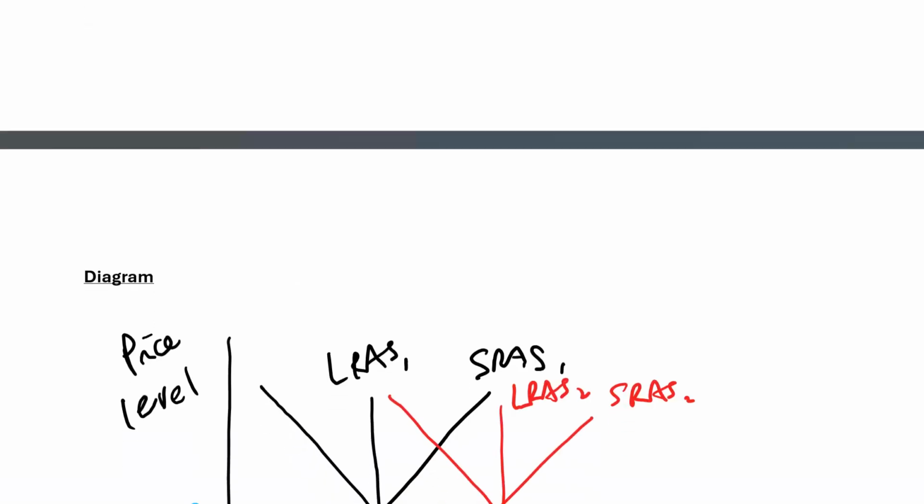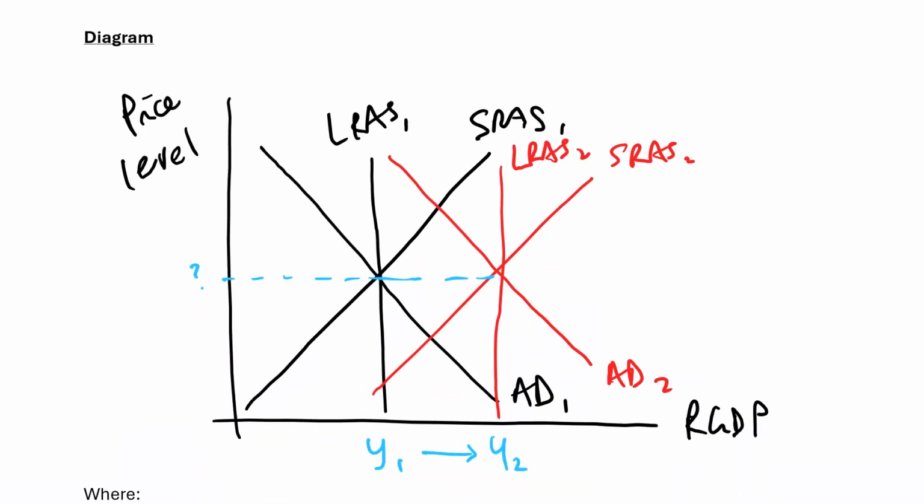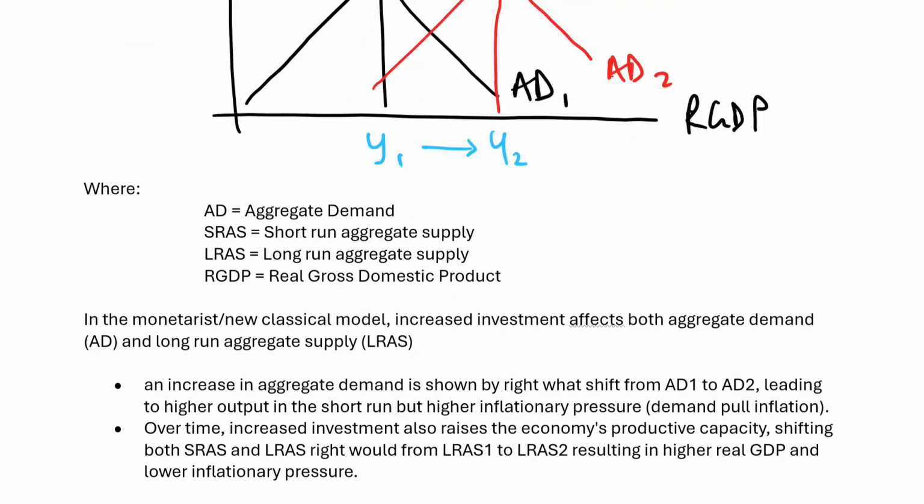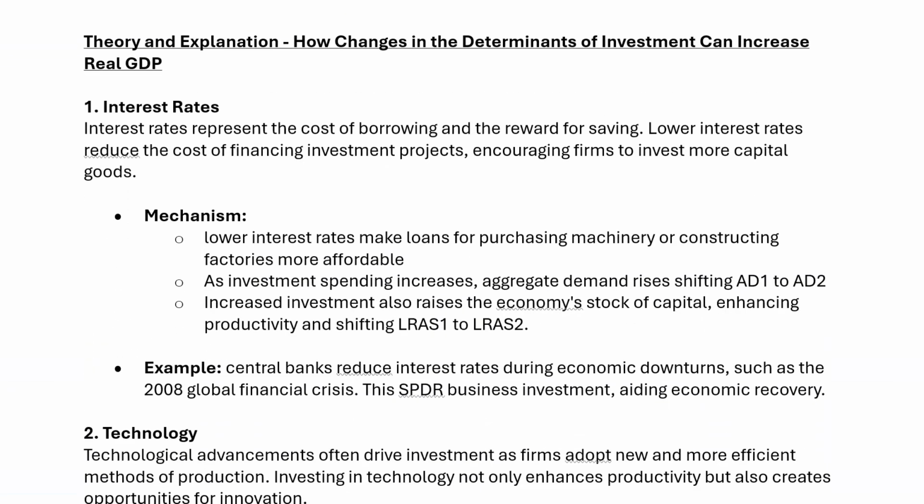Then we follow up with the standard aggregate demand, aggregate supply model of the economy, and we demonstrate how investments are meant to stimulate or grow aggregate demand and long run aggregate supply. And down here, we've got a bit of theory and explanation as to how specifically the determinants of investment can increase GDP.